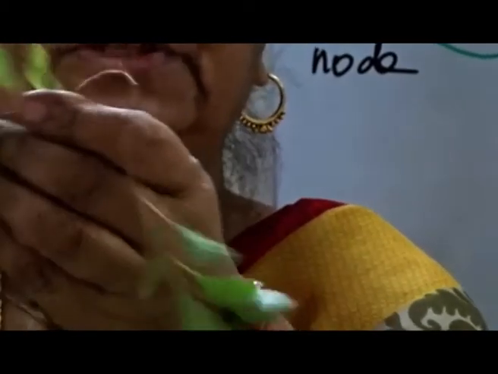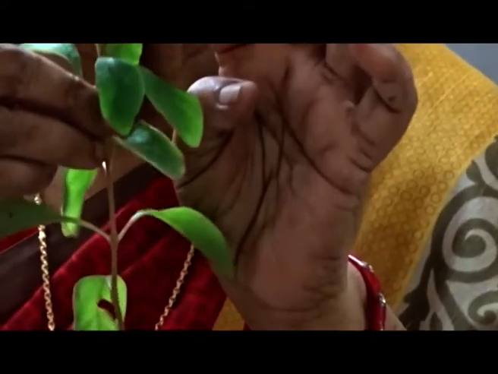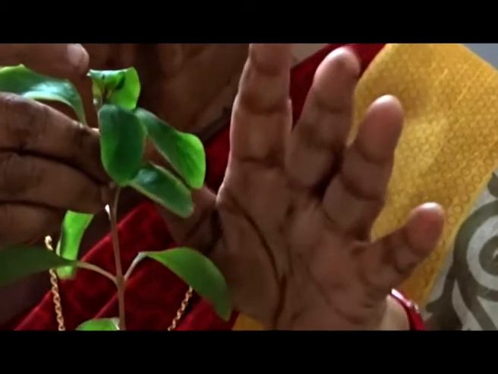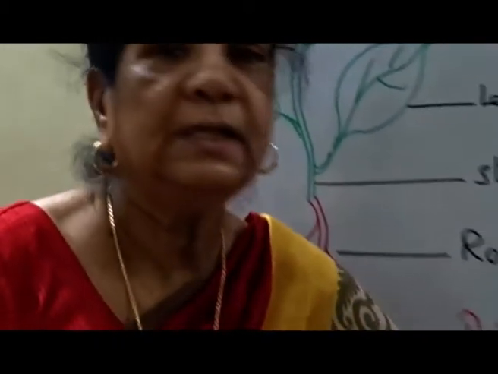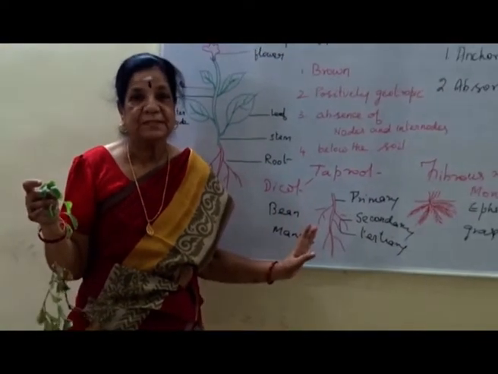The space between these two is the internode. And then the tip bears the flowers and fruits like this. This is the morphology of the plant, and these are the morphology or external structure of the root system.